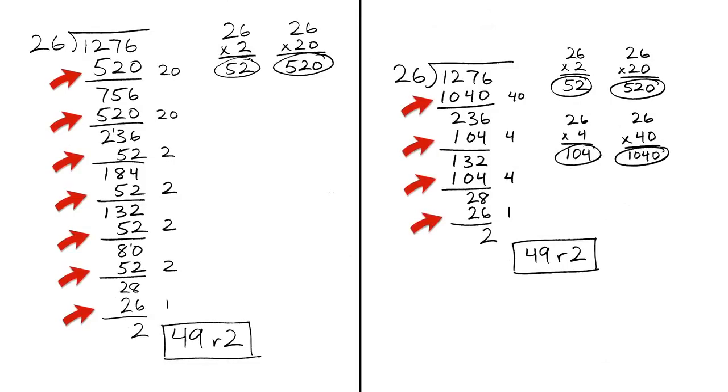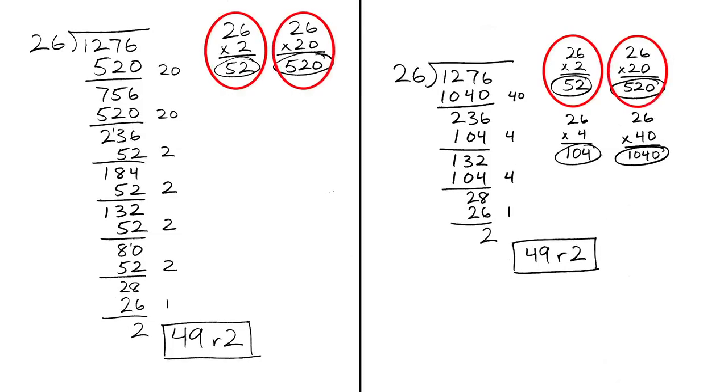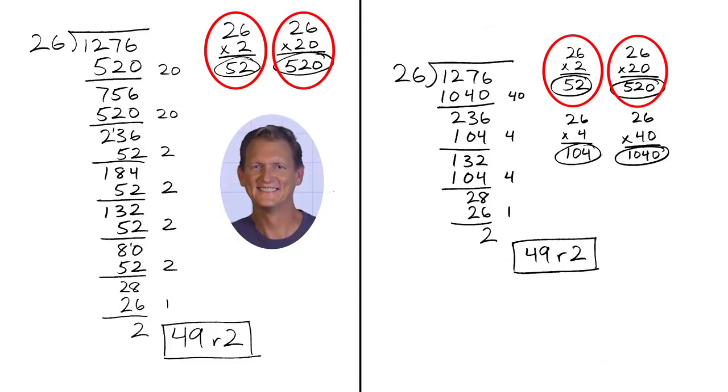What made the difference? Well, from their scratch work, it looks like each student figured out that 2 times 26 equals 52, and therefore 20 times 26 equals 520. The first student decided that knowing those two multiples was good enough and began chipping away at the dividend with them. Their first partial answer was 20, so they subtracted 520 from the dividend to get a remainder of 756.